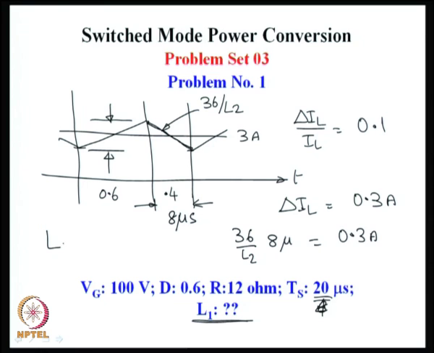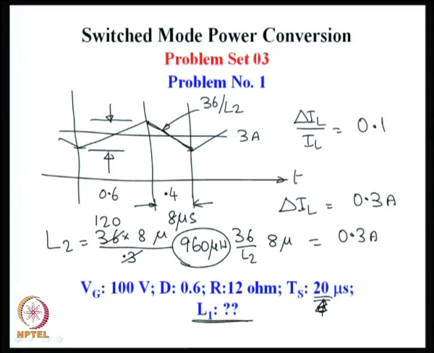So, from this one can say L2 will be 36 into 8 micro divided by 0.3. So, this would be 120, 36 by 0.3 is 120. So, this would be 960 microhenry.